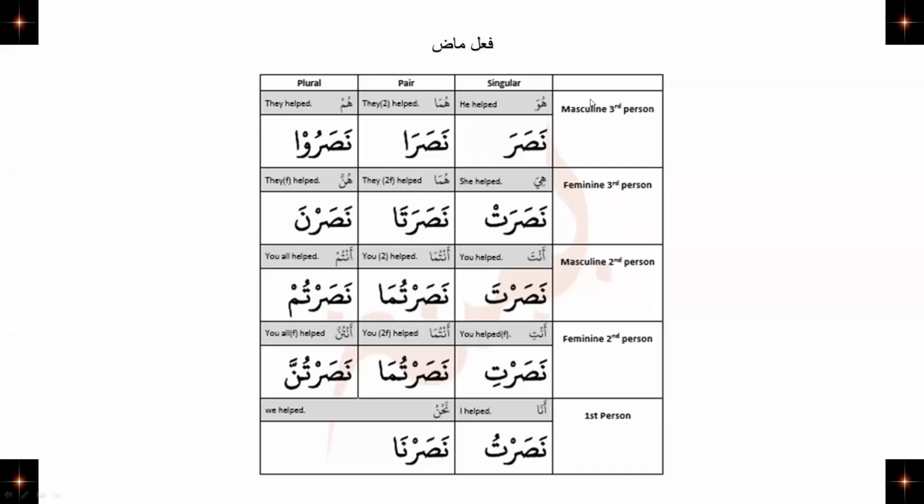We'll look at the type and the status later, because type and status is very easy for all the pronouns. All pronouns are in Rafa status if they are independent, and all pronouns are proper. That's why we don't talk about the proper and the status when it comes to the pronoun, because it's a default thing.